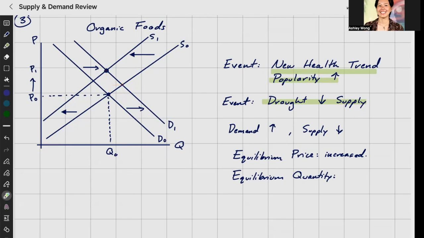So because we have these competing effects, the shift in demand is pushing the equilibrium quantity higher, while the shift in supply is pushing the equilibrium quantity lower. Without any data, it's impossible for us to know what actually happened to the equilibrium quantity. So normally in this case, we would say that the equilibrium quantity is undetermined.